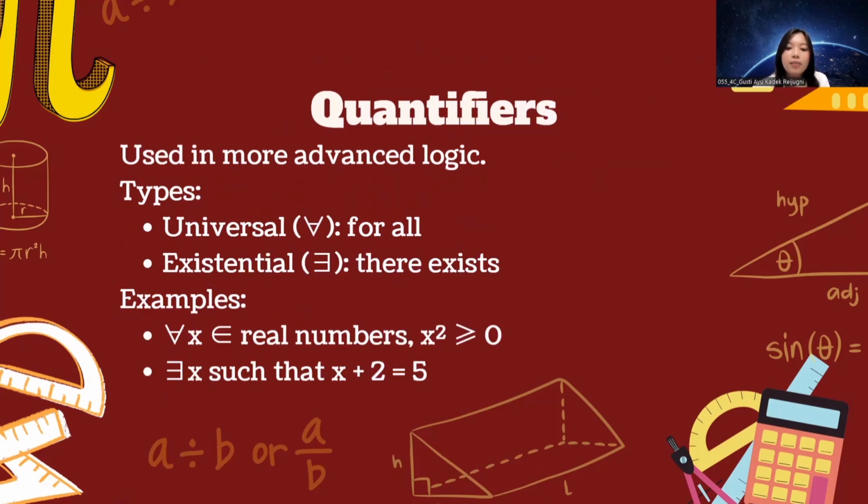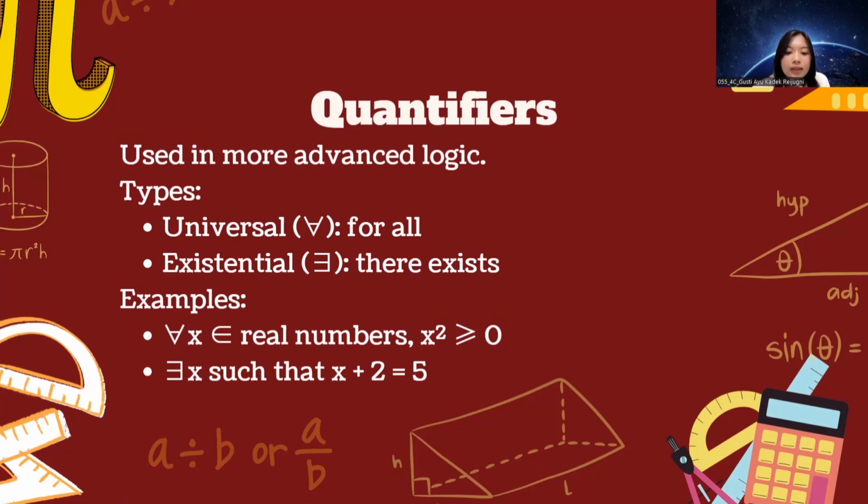Next, we will learn about quantifiers. Quantifiers are used in more advanced logic. There are two types: universal quantifiers and existential quantifiers. The symbol means for all.